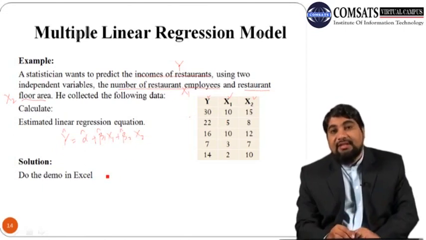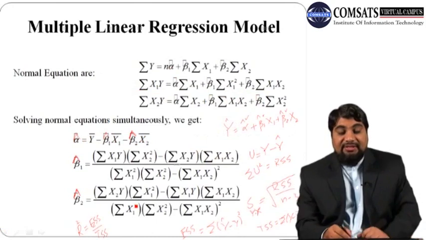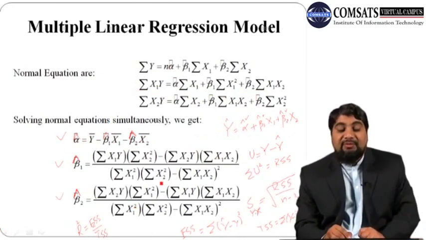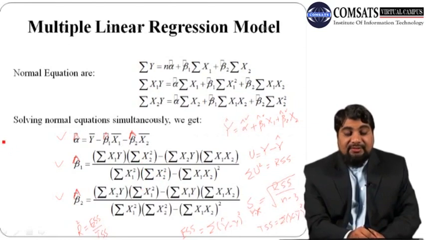So let's do the demo in Excel. I think you can do it in Excel now using the formulas which we have discussed here. You just use these three formulas to calculate the values of alpha hat, beta 1 hat, beta 2 hat. In order to do this, you have data on y, x1, x2.